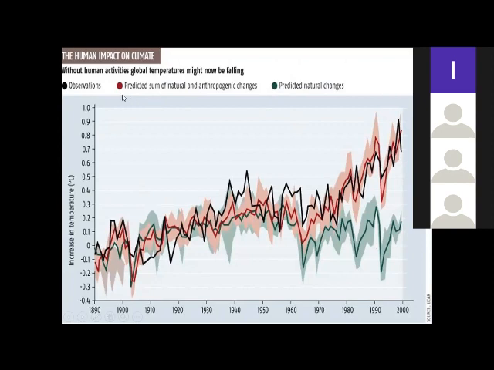If you add the prediction and the natural changes, you see that it goes along with the observed curve. So it is very clear that the man-made contribution is making this change, not the natural forces. Therefore, we are making this change, and we should be able to manage this if we do it the right way. That's the main point in this figure I want to convey to you.